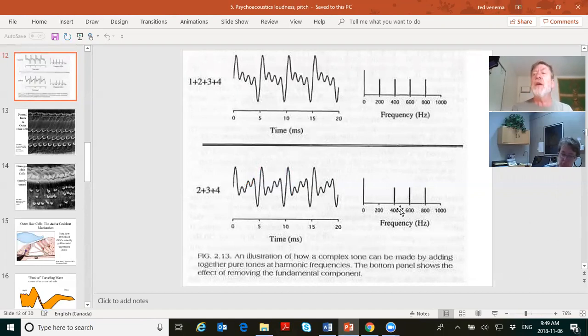Those two phenomena are not well explained by Helmholtz's place theory. That's why Rutherford's theory does still exist. The real fact of the matter is they probably both help us determine the pitch of a tone. Albeit, I think the place theory has more of a contribution than the temporal theory.